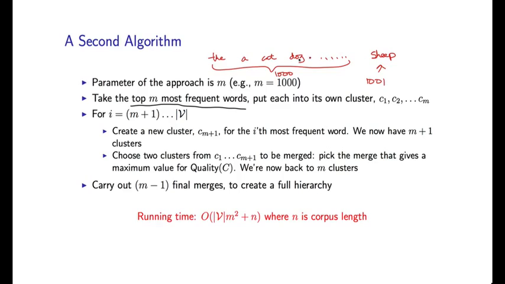So that would result in two of these words being merged. Let's just say, for the sake of argument, that we choose to merge cat and dog in this case. And even though sheep was chosen as the 1,001st word, it's important to realize that it won't necessarily be part of the merge step. I may choose to merge some other pair of words within this initial 1,000.